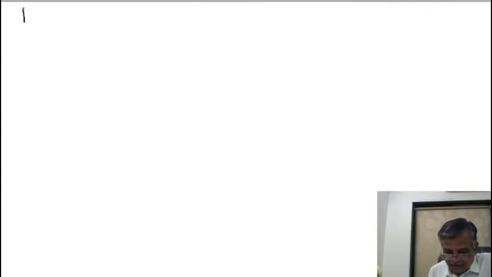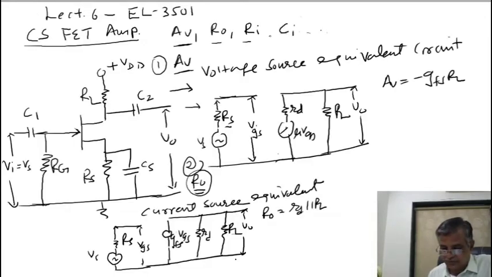Today I am discussing input resistance of a common source amplifier. That is the third one. What is the input resistance? Input resistance is the resistance at the input section. At the input section, the resistance is RG.